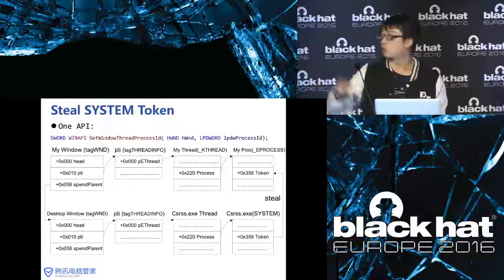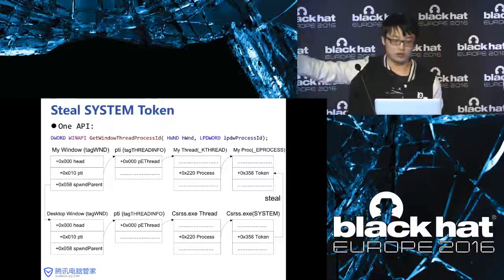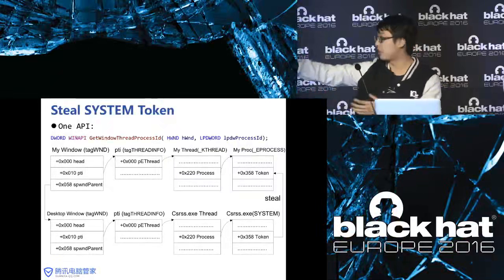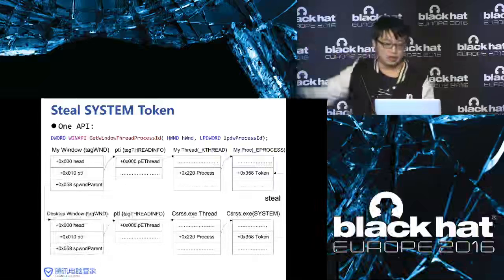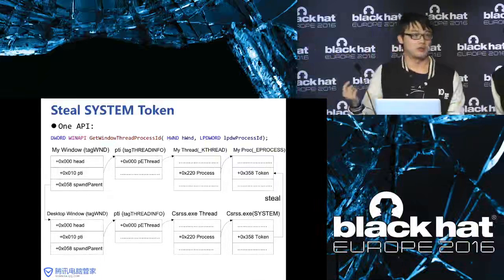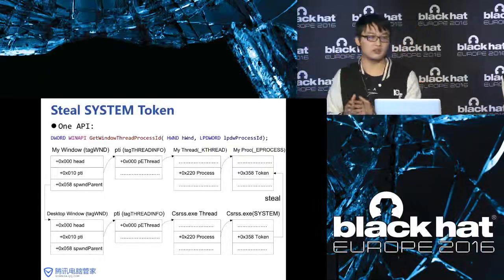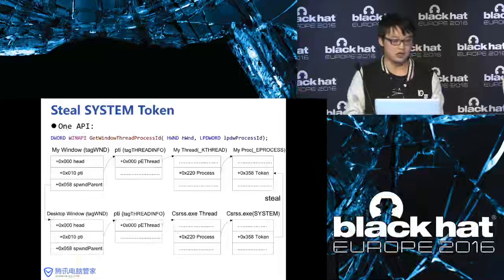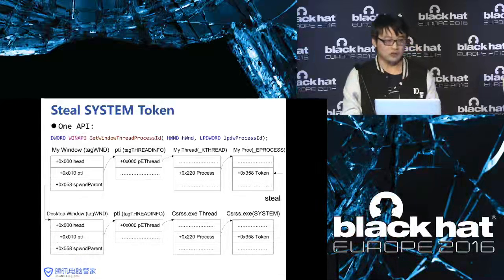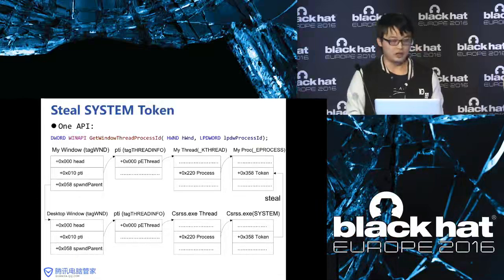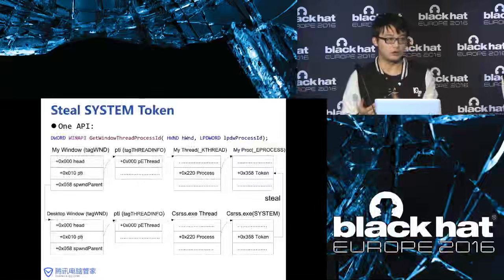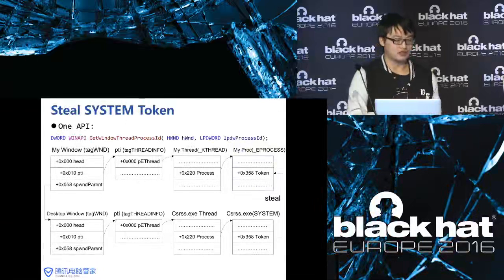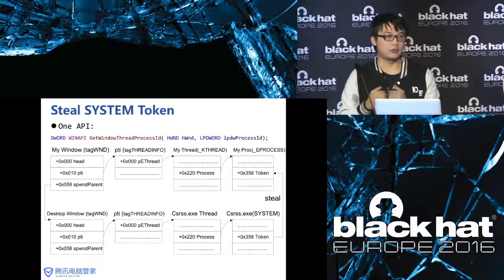At offset 220 in the KTHREAD structure, there's a member called process, and it points to the EPROCESS structure. And in the EPROCESS structure, there's the token of our process. But Windows helps us. Why? Because if we do not set a parent window for our window, Windows will force the desktop window as our parent window.